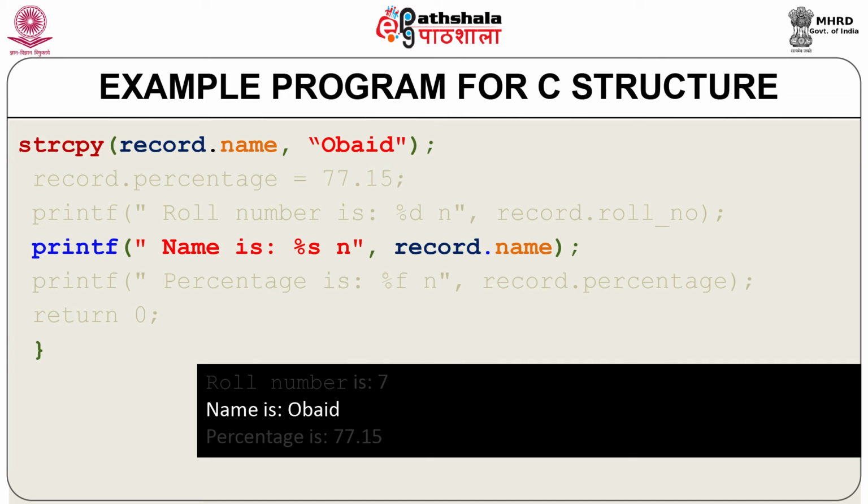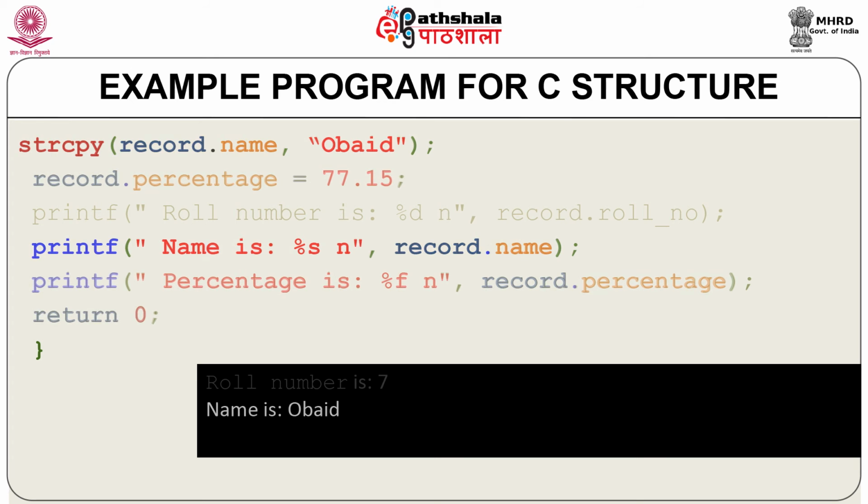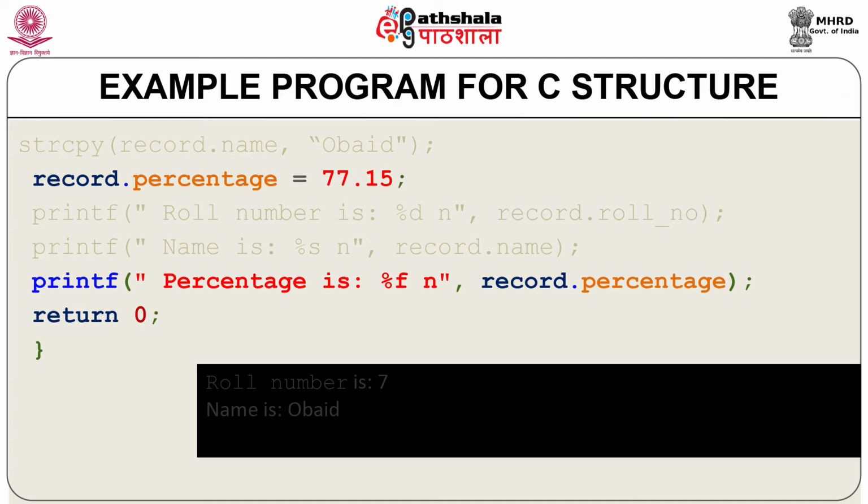Here the name of the student is considered as Ubaid, and that is stored in record.name. After this there is one more field, percentage. Record.percentage is 77.15, and the same value is displayed using a printf statement.